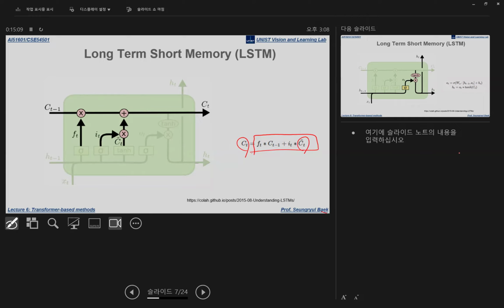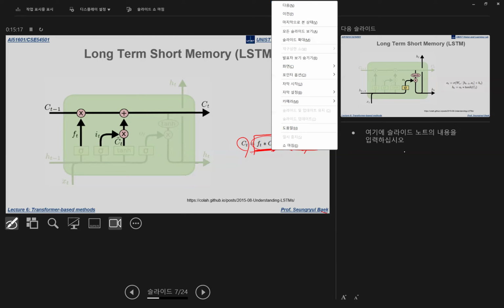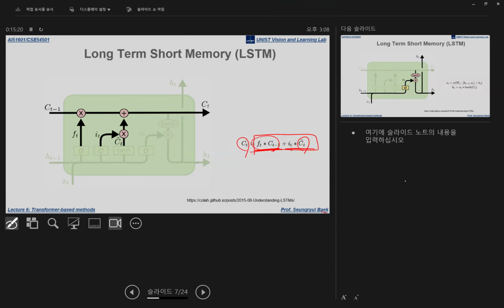So this is the raw information, but we will only retain some of it. And from the previous information, we multiply f of t and explicitly lose some information. Then by adding them, we make some new information, okay?